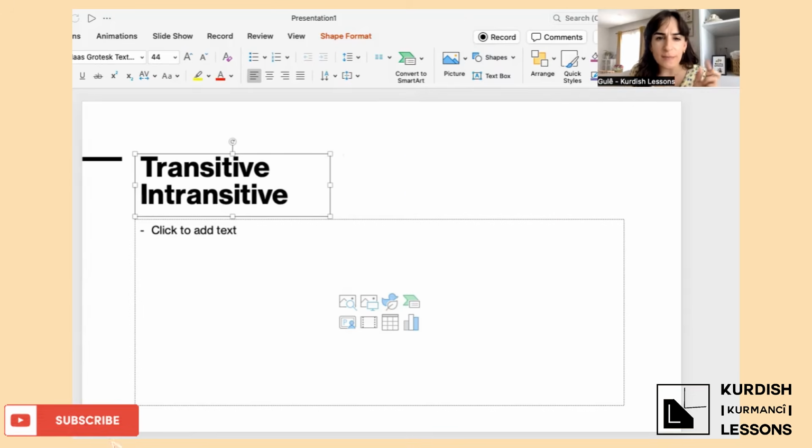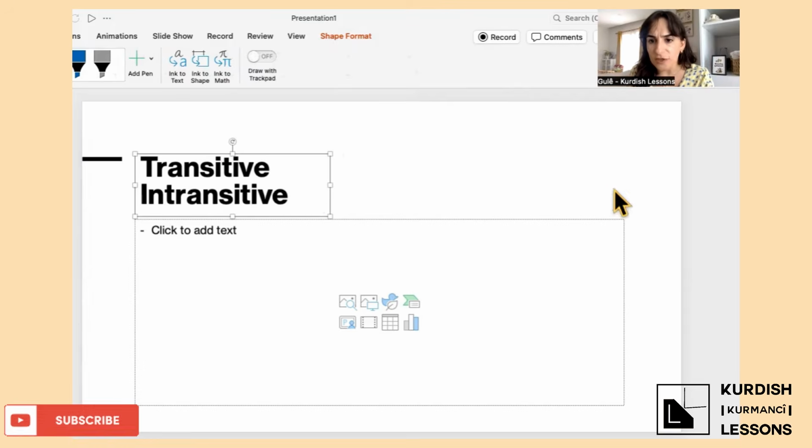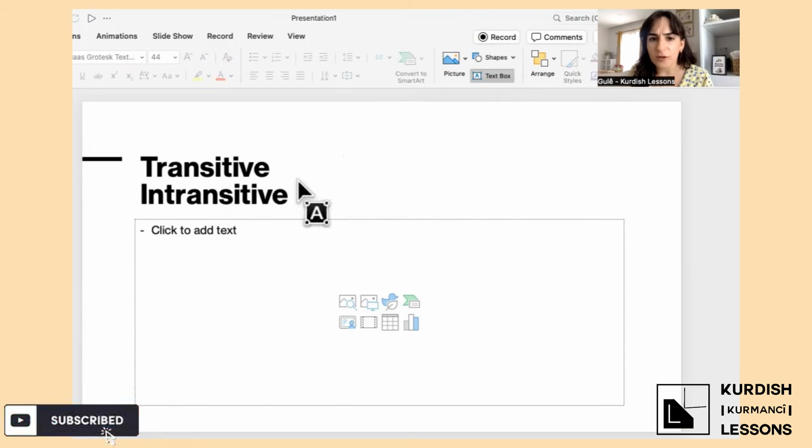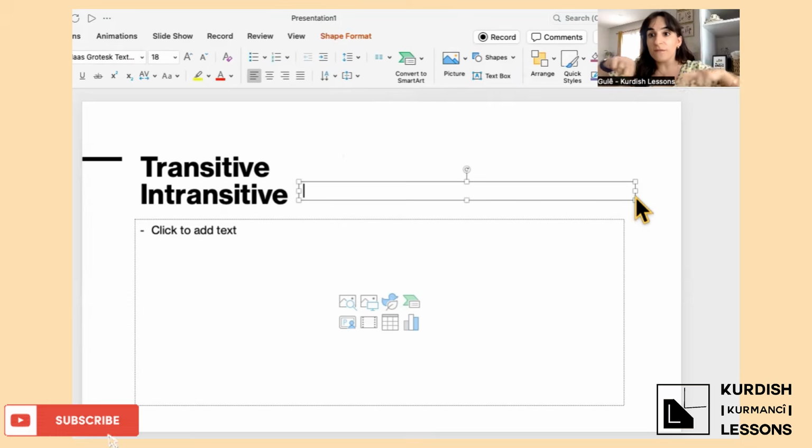I will write some examples for intransitive verbs. Intransitive verbs are mostly movement verbs like chun, hatin, vagarin, machine, bazin, derketen, keten.